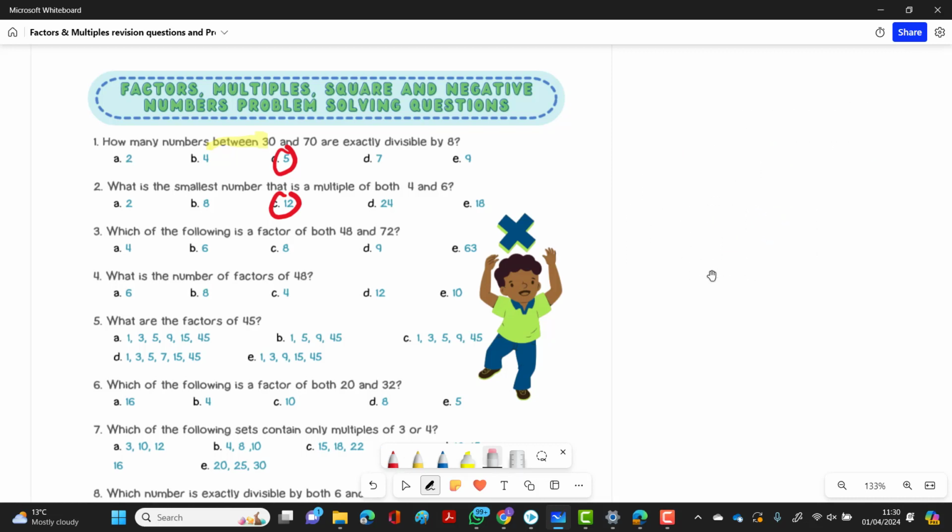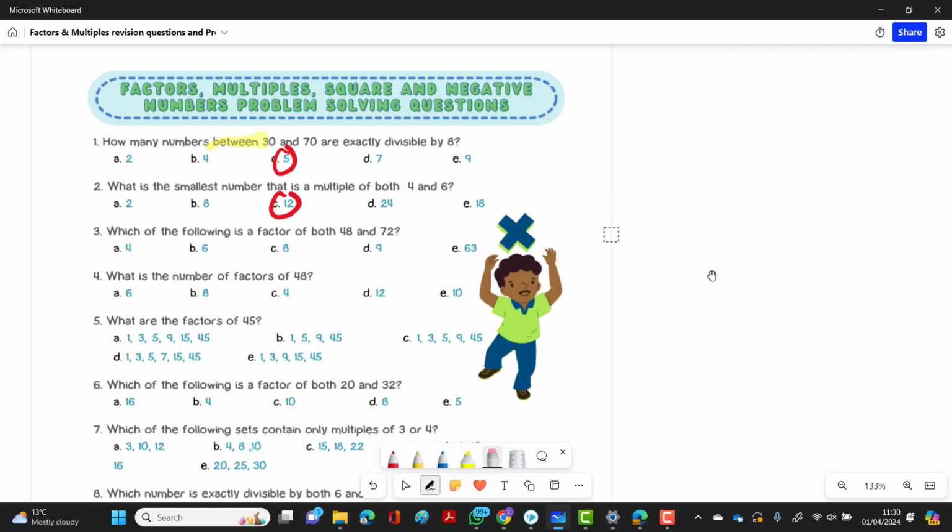Which of the following is a factor of both 48 and 72? It's giving you a list of multiple choice, so you don't need to write all the factors.